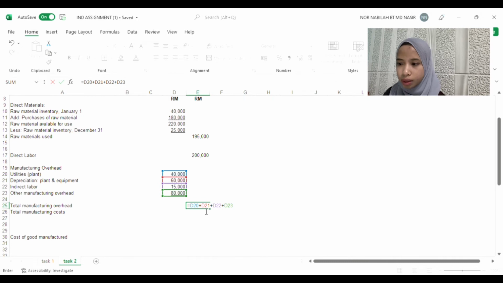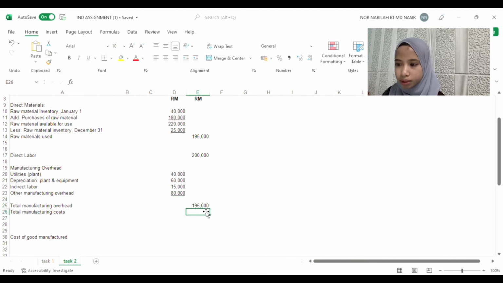So we add 40,000 plus 60,000 plus 15,000 plus 80,000, and the total is 195,000 for the total manufacturing overhead.